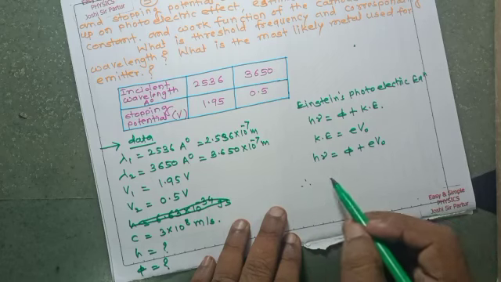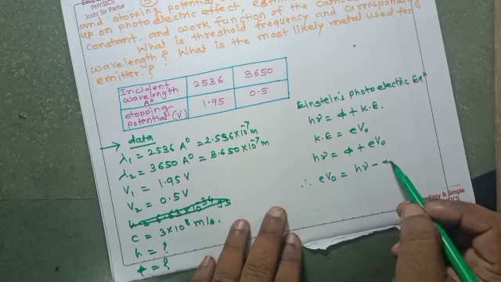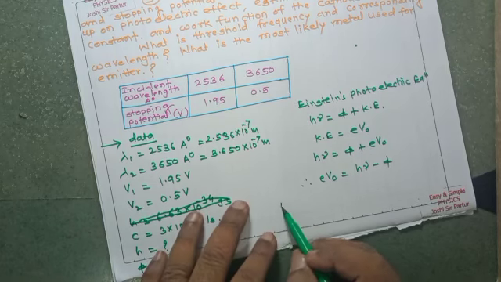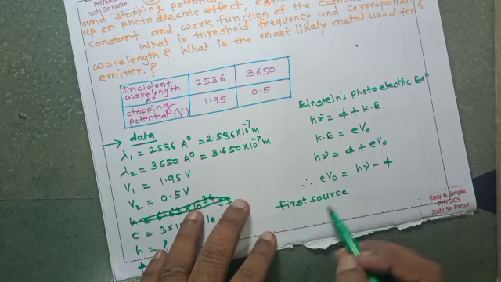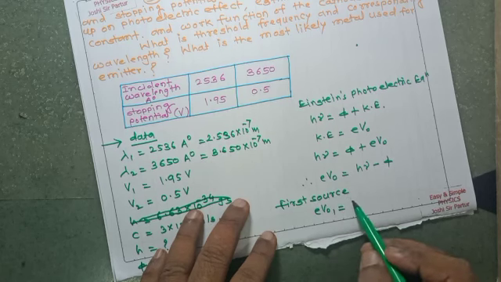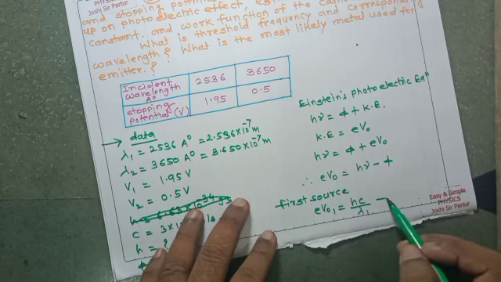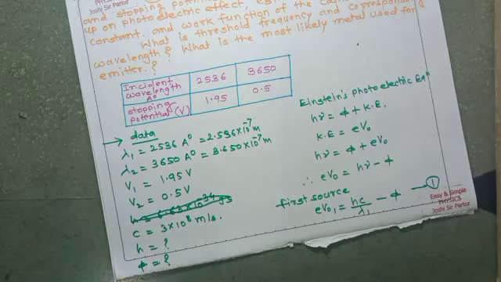So therefore eV0 is equal to h nu minus phi. So for the first source, eV01 is equal to hc upon lambda 1 minus phi. Suppose this is equation number 1.